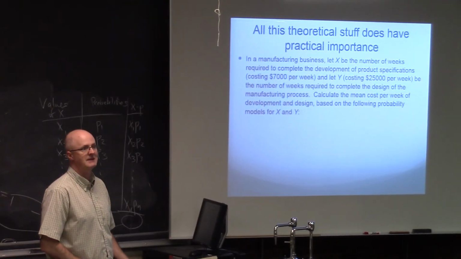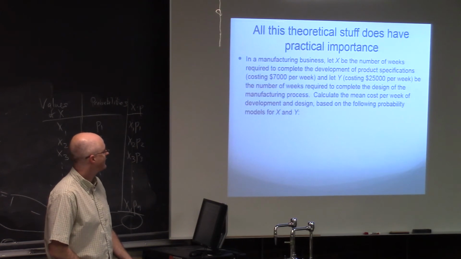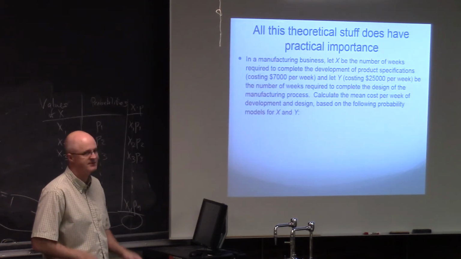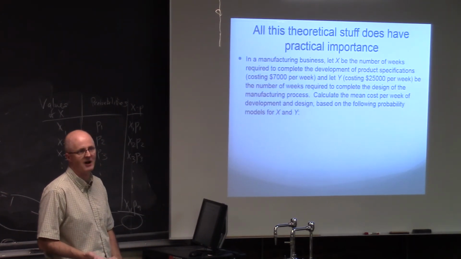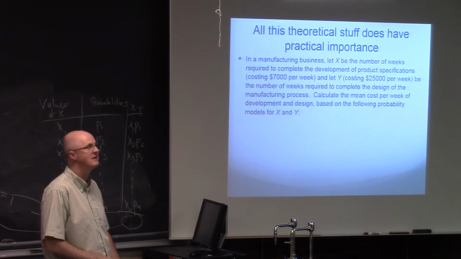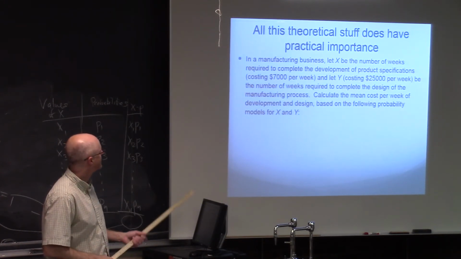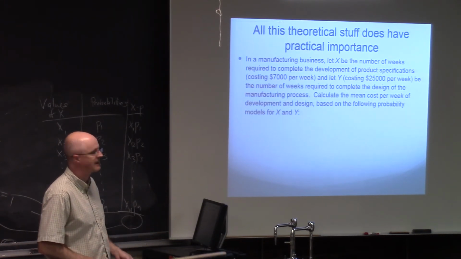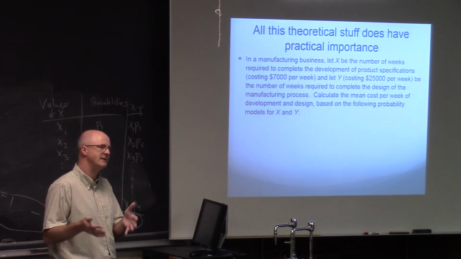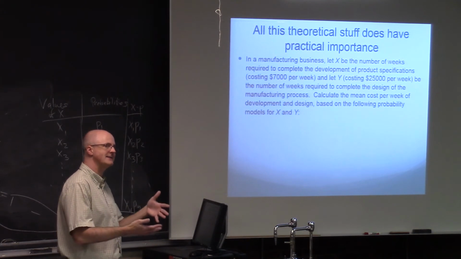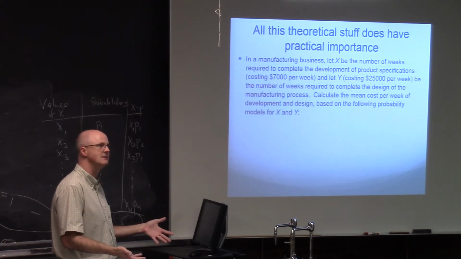Imagine a manufacturing business. Let X be the number of weeks required to complete the development of product specifications for the product. So you're trying to define what the product is, essentially, that you're going to make. And Y is the number of weeks required to complete the design of the manufacturing process. Once you decide what specifications the product is going to have, then you've got to decide how to make it, how to produce it.